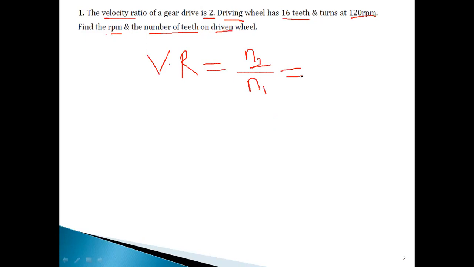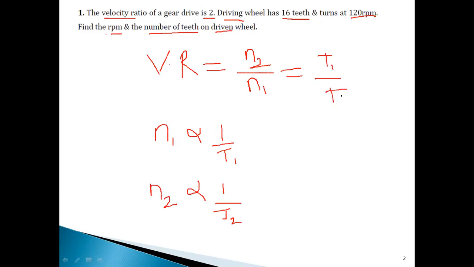Speed is inversely proportional to the number of teeth of that particular gear, as I told you in the previous session. So N2 by N1 is equal to T1 divided by T2.